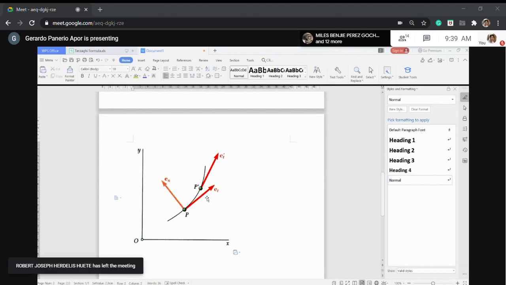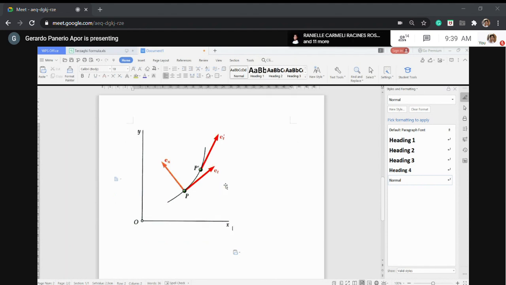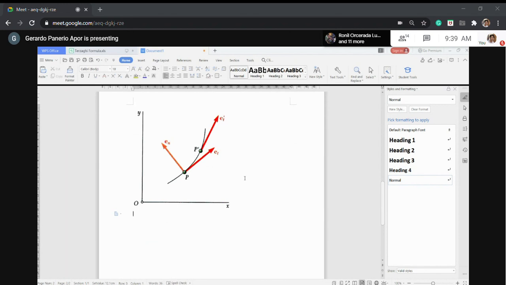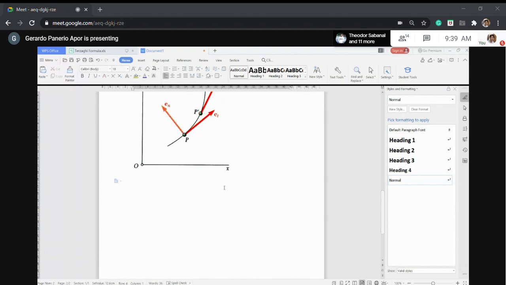So there is a change. There's also a change in direction. Somebody is pulling the particle towards the left, that's why it is curving up. So there's also what we call a change of angle here. Angular.